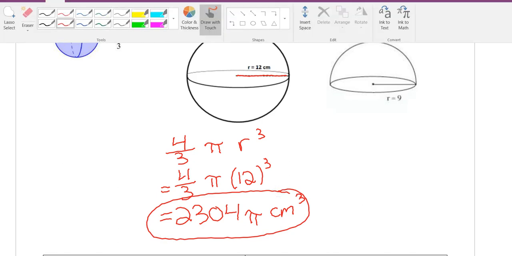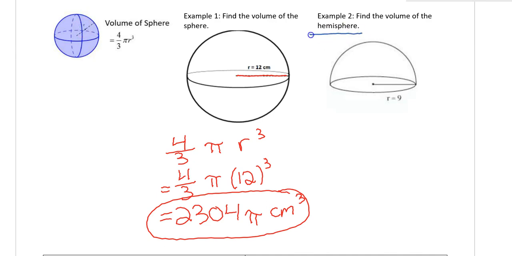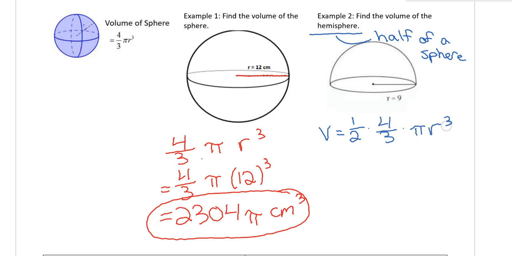The second thing we have here is a hemisphere. The volume of a hemisphere is just half of a sphere. So for the volume of a hemisphere, we're going to do 1/2 times the volume of our sphere, 4/3 times pi r cubed. So we have 1/2 times 4/3 pi times 9 cubed.